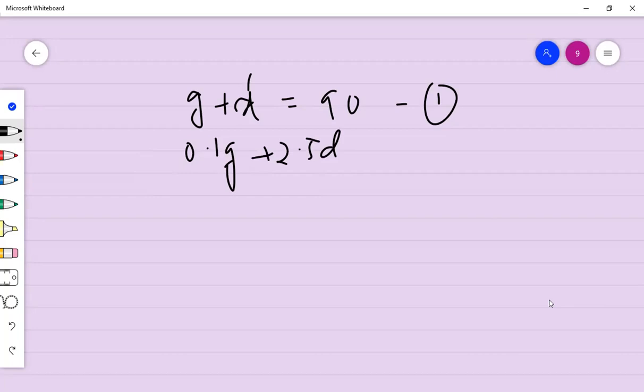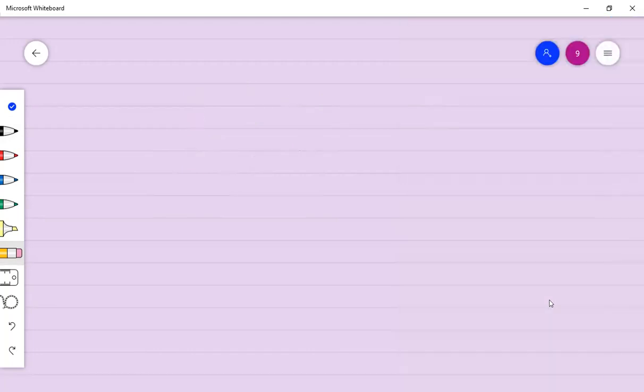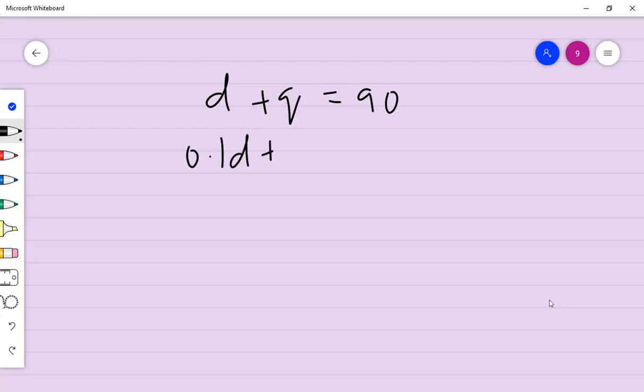Dimes and quarters. So we have d plus q equals 90 and 0.1d plus 0.25q equals $17.55.